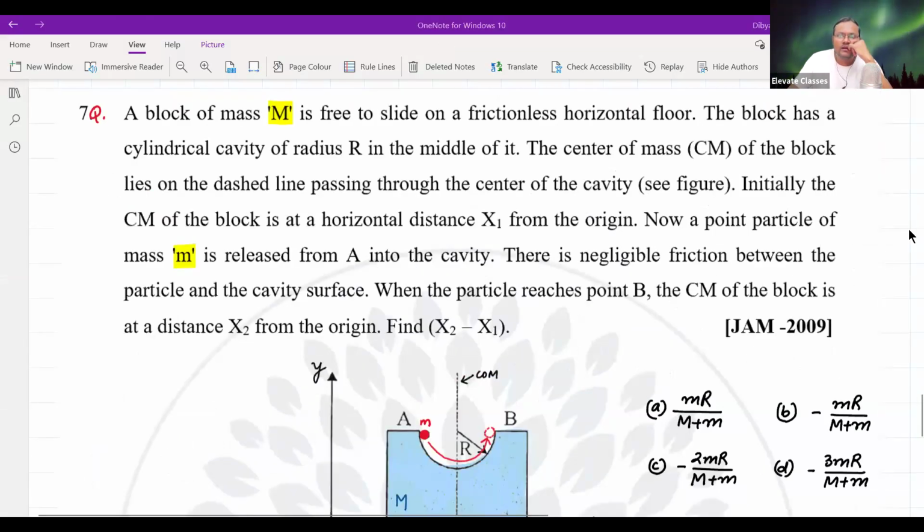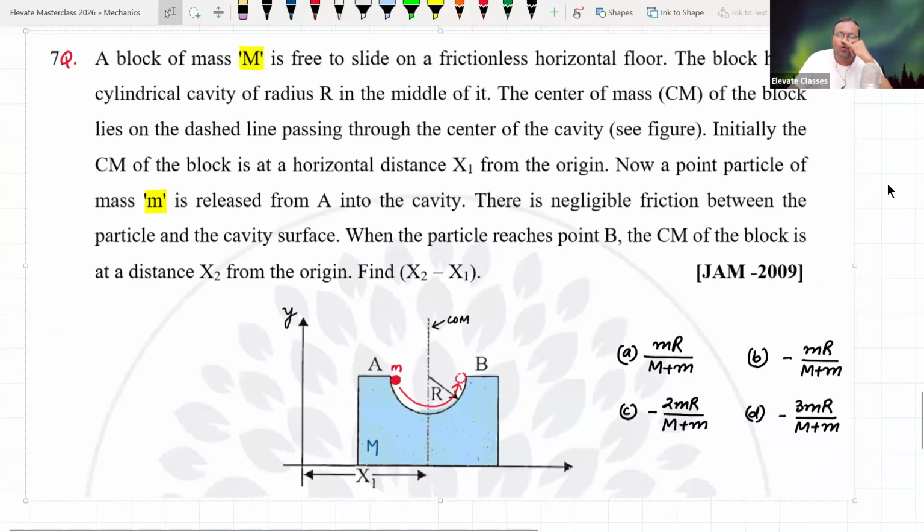Bamdev, not correct again. See, the concept is very simple. The overall center of mass of the combined system along the x-axis will remain constant as the motion keeps on happening. So when the small mass is at A, wherever the center of mass is, and when the small mass is at B, wherever the center of mass is, both centers of mass are at the same position.